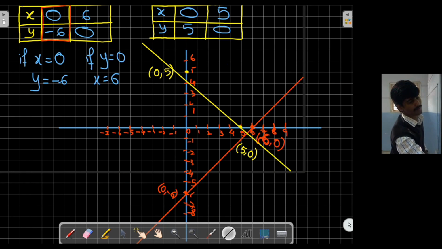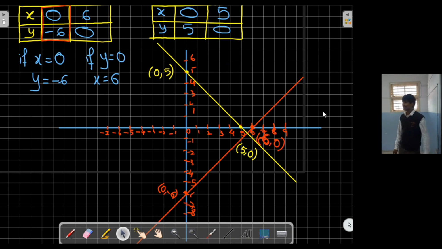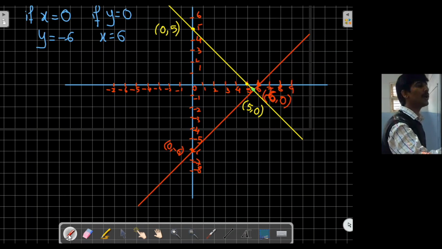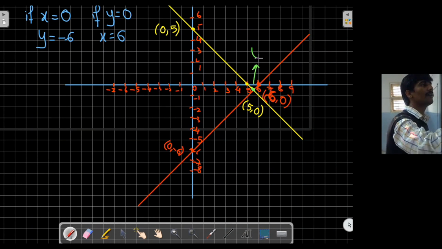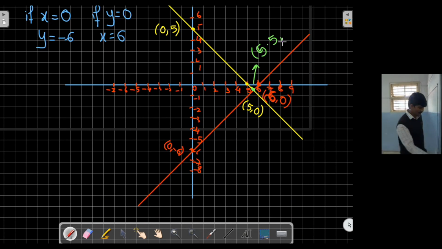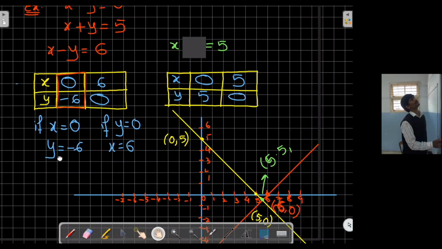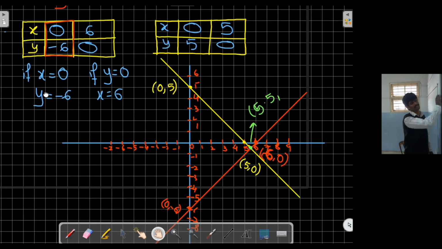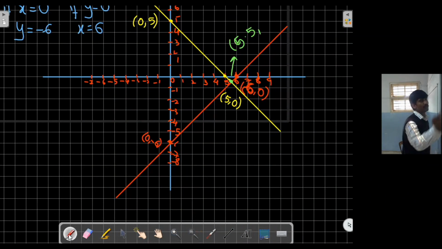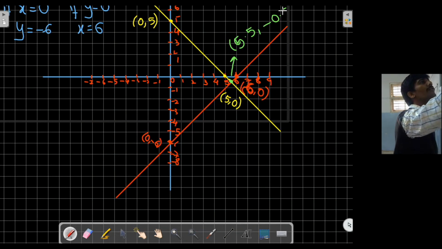Intersecting lines are here. What is the x value? 5.5, and the y value is minus 0.5.